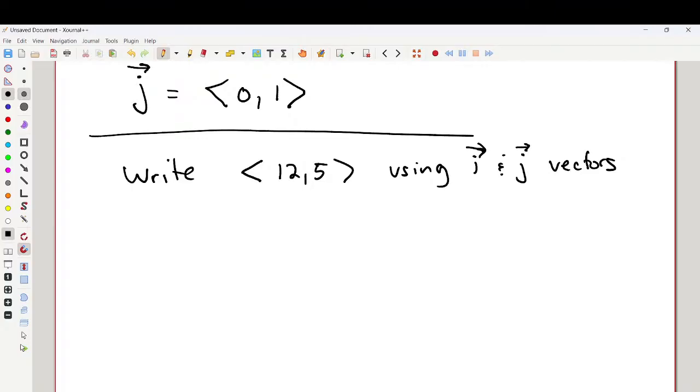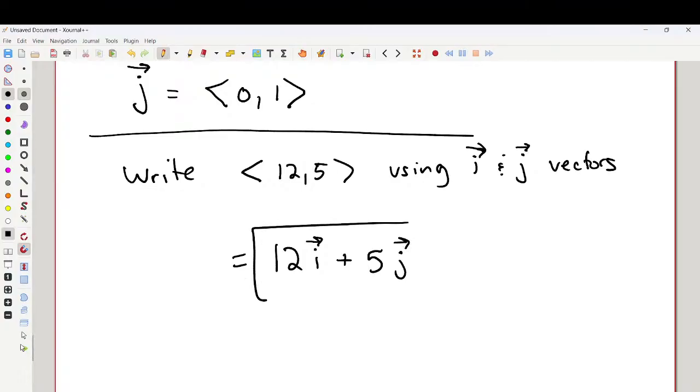If I have to write this using, what were these magnitudes? Each one of these was 1, right? And this is 1 unit east. So I would need 12 one-unit-east earthquakes. All right, enough of the earthquakes. But the idea is it's this. Done. Make sense?